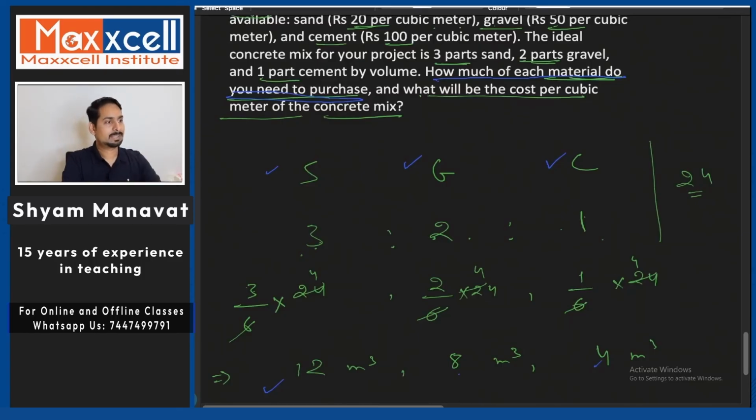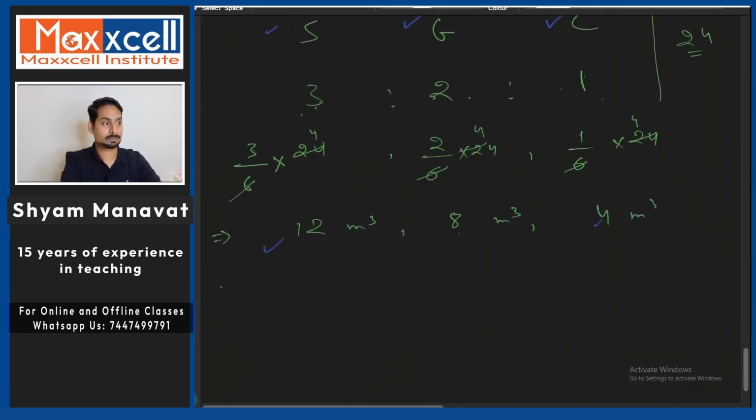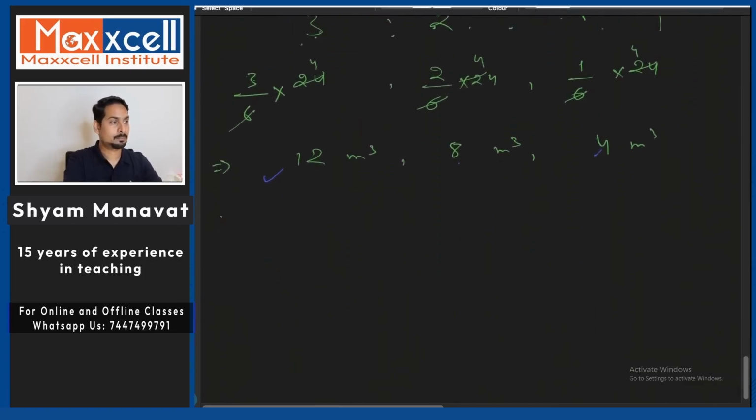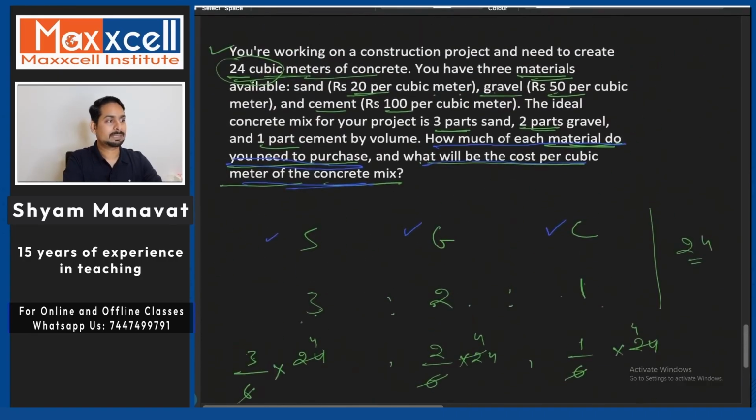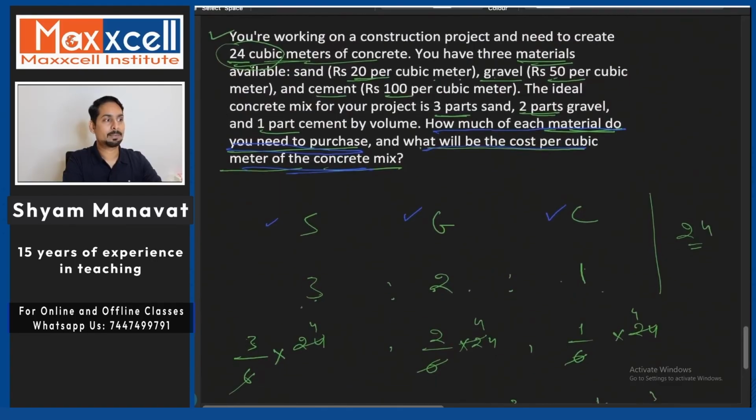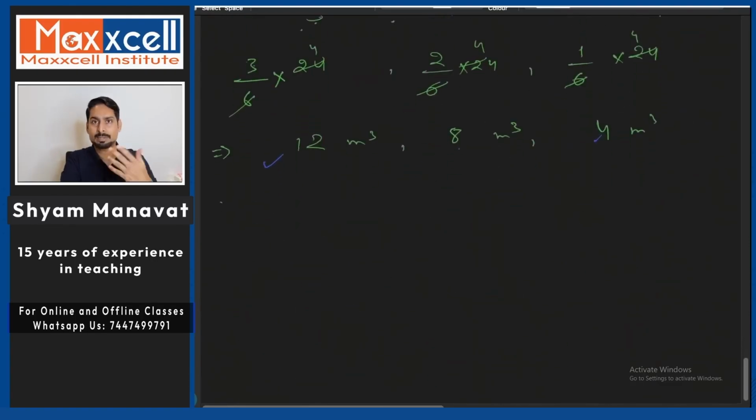Okay. Now what is the next part? Next part of the question: what will be the cost per cubic meter of the mixture? So how will you calculate the cost of mixture? You will say, all right, I got 12 cubic meter of this sand, which is costing 20 rupees per cubic meter. You say cubic meter or meter cube, it's one and the same thing, okay?